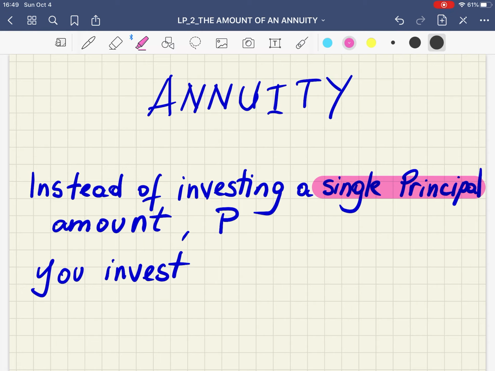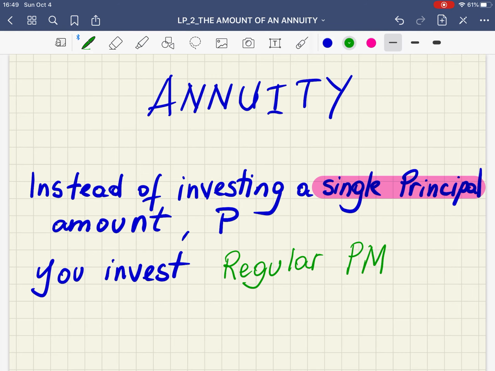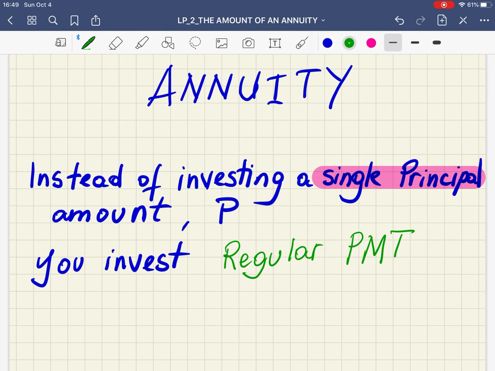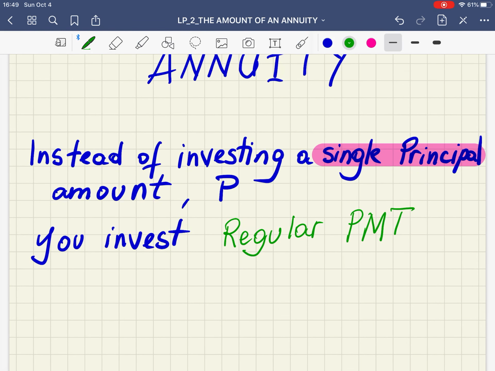So in an annuity, instead of investing a single principal amount, which is indicated by P in the compound interest investment, you invest regular payments. Okay? And I will explain how this works. For payments, usually we use PMT for short. And in the graphing calculator and in many electronic devices, you will see this acronym for payment.